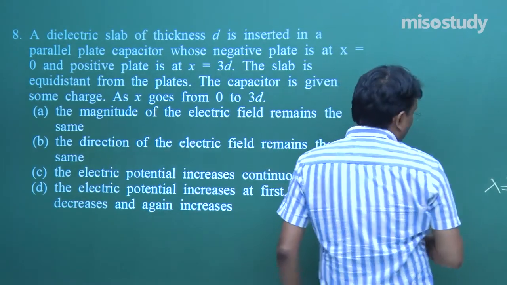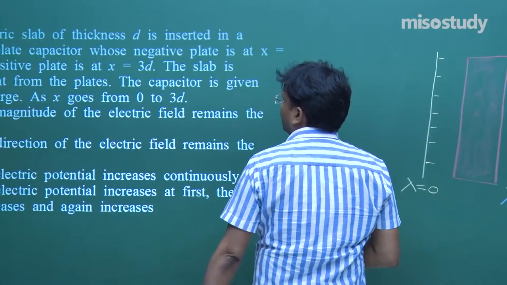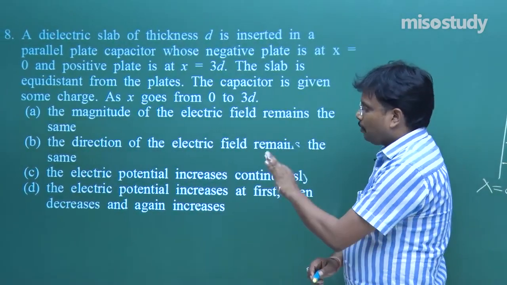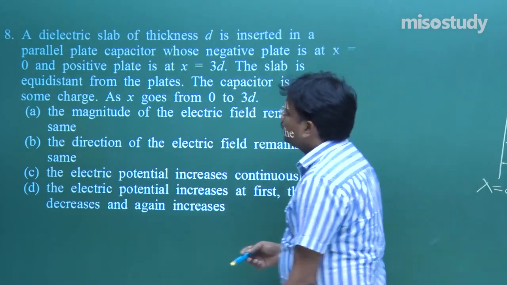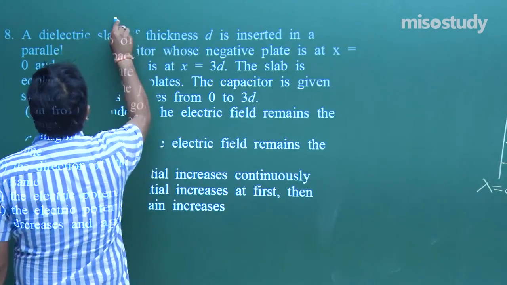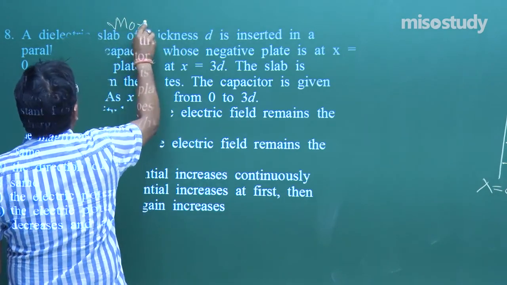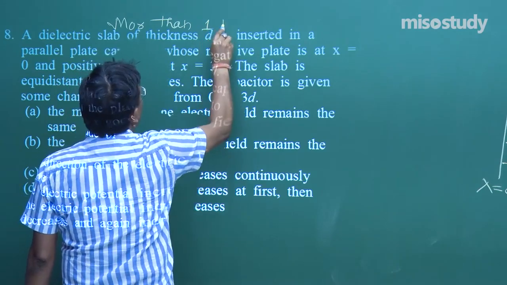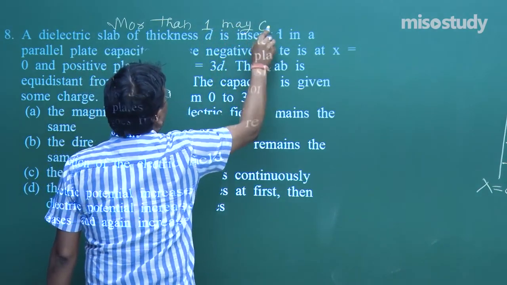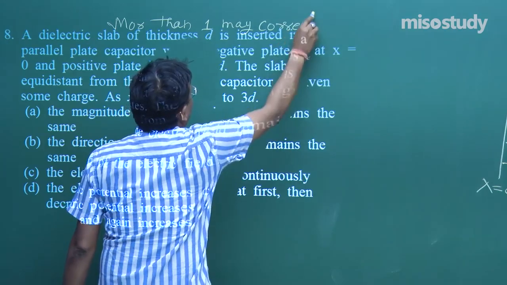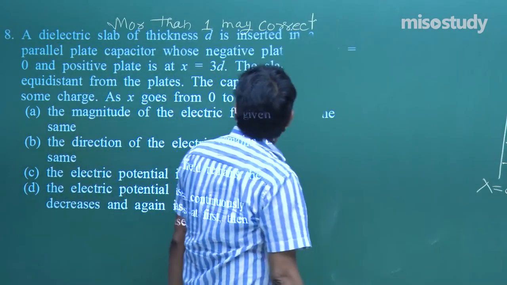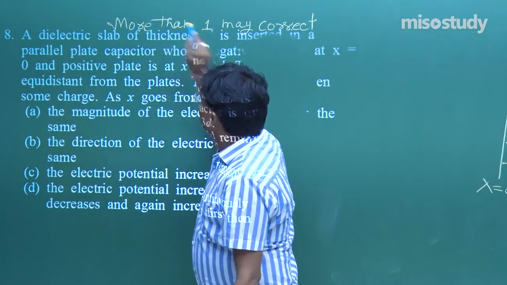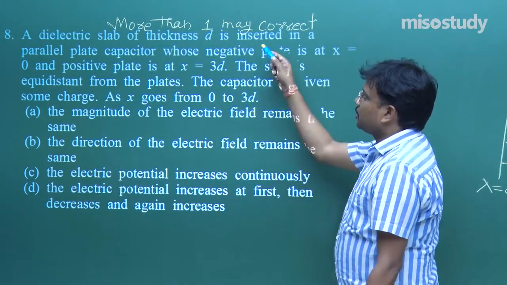Fine. Now, as the diagram is with me, I would like to mention one more thing at this point: in this particular problem, more than one option may be correct. Means out of these 4 options, it is possible that more than one option is correct.